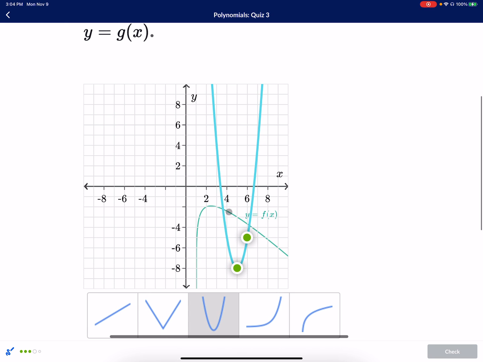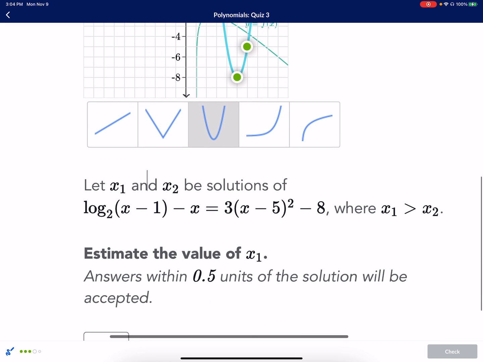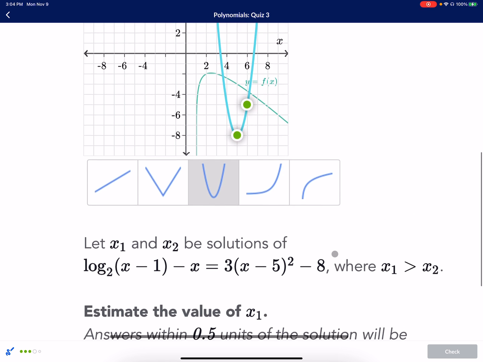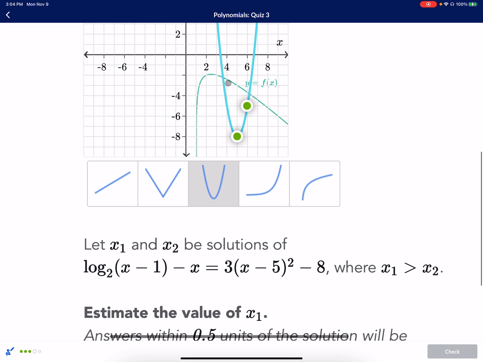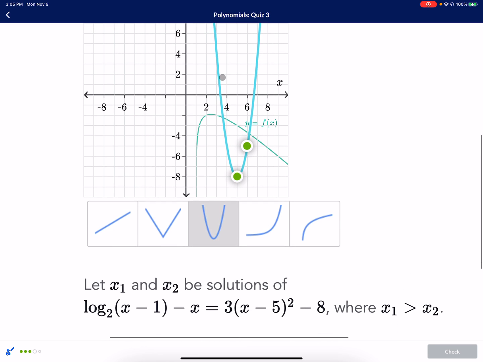So we are looking for, let me scroll down. What are we actually looking for? So x1, x sub 2 are solutions of, and there they go again, setting the two functions equal to each other. And we're going to earmark x1 as the larger of the two x values. That's what we're looking for. Okay, so look at the intersection points between the parabola and this other function, this logarithmic curve.